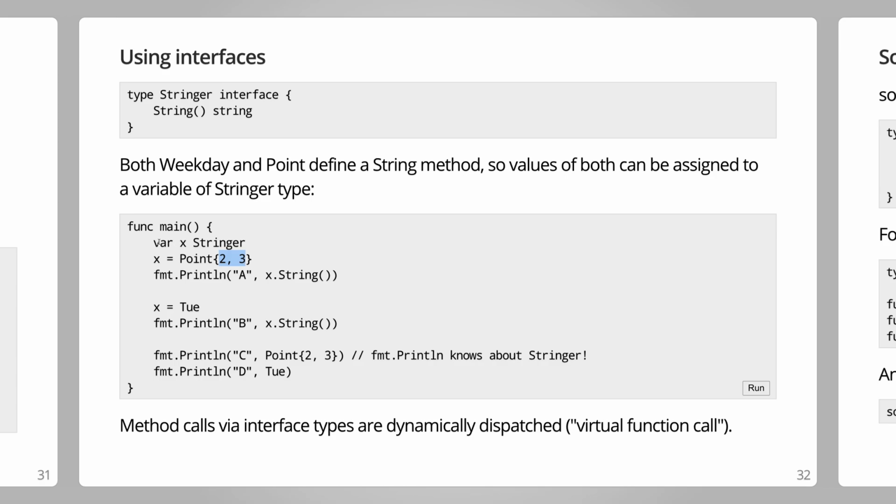And you can declare a variable x in this case that is a Stringer. You can assign a Point to the variable x, and you can then use this variable x as a Stringer, because it implements the Stringer interface. So you can call the String method as long as there is an implementation associated with the Point type here.